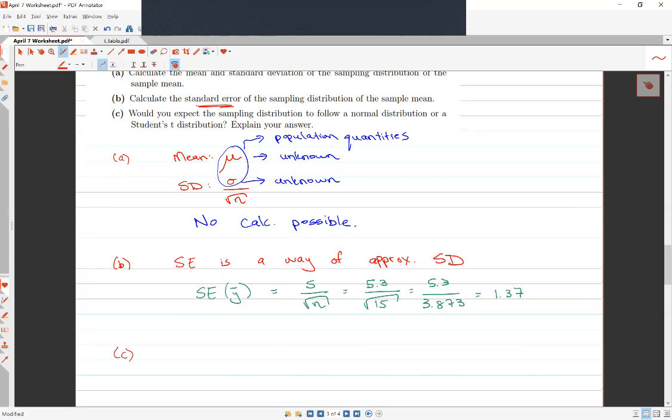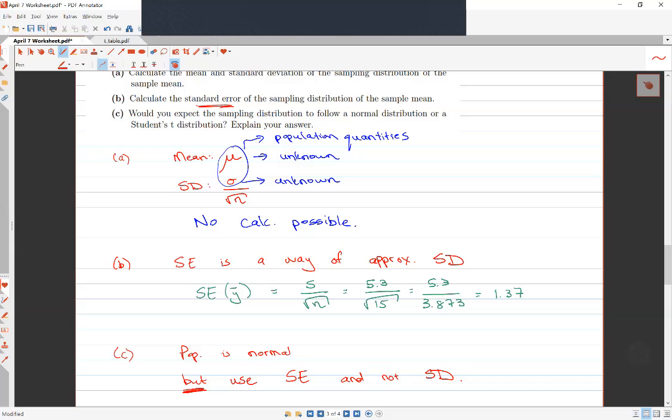And then part C asks, would we expect the sampling distribution to follow a normal distribution or a student's t-distribution? Explain your answer. This is where that result of Gossett, the brewer, comes in. Gossett was working in a situation where the population is normal, but you use standard error and not standard deviation.